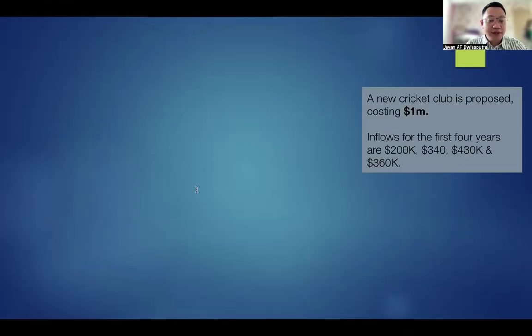Instead of using a simple formula, we calculate cumulative cash inflows year by year until the initial investment is recovered. In this business scenario, a new cricket club is proposed, requiring an initial investment of $1 million.